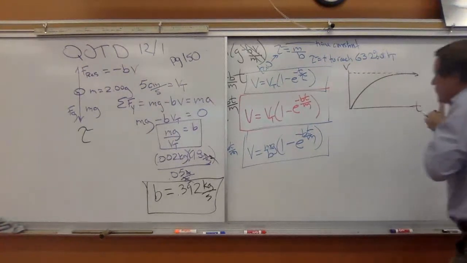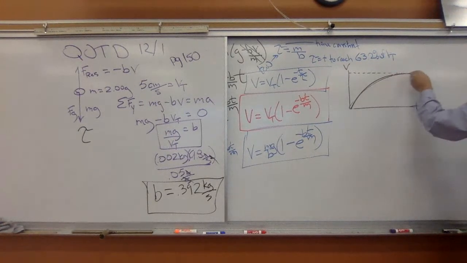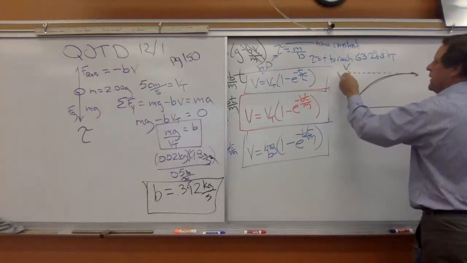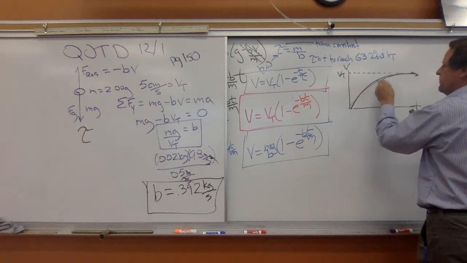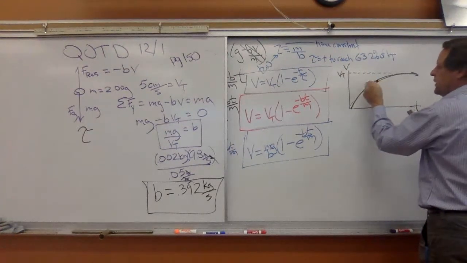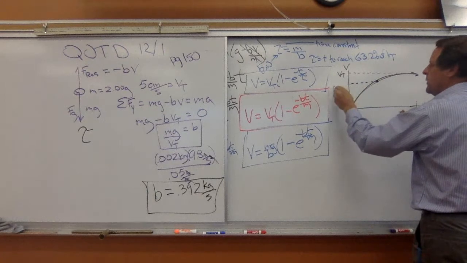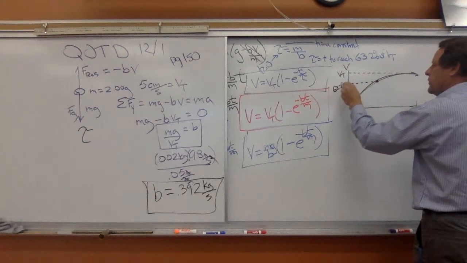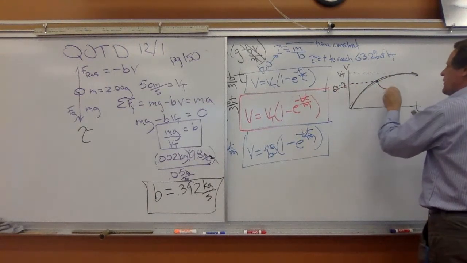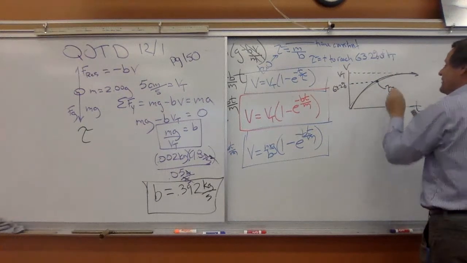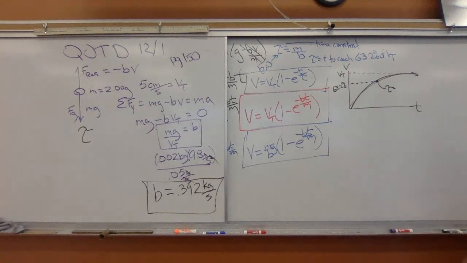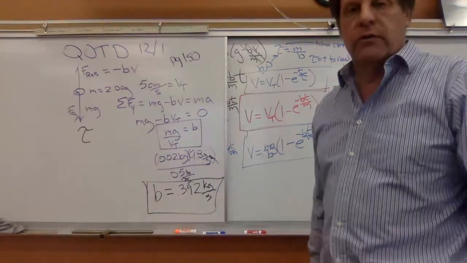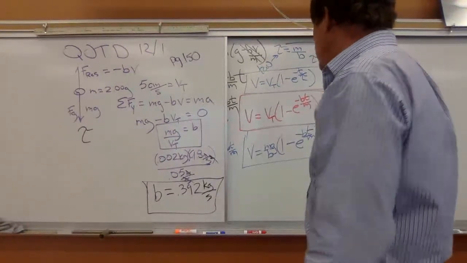Okay, and so this is going to essentially close in asymptotically, and this would be our terminal velocity. So our value here would be 63.2%. Whatever this value is, that is equal to tau, and that would give us what that value is.